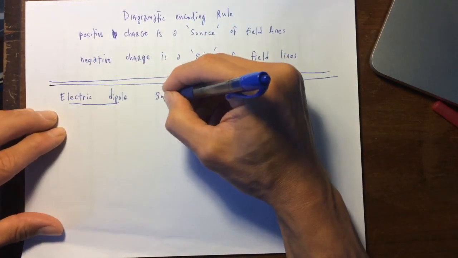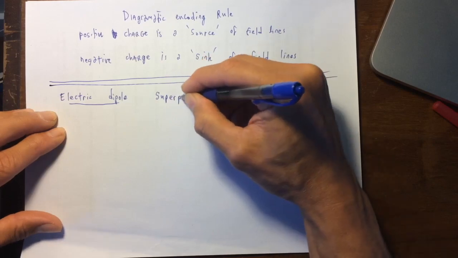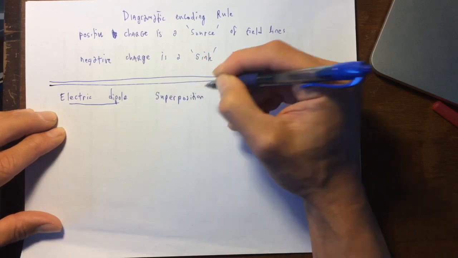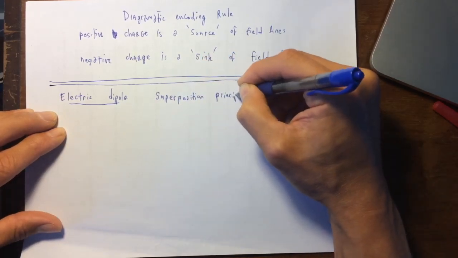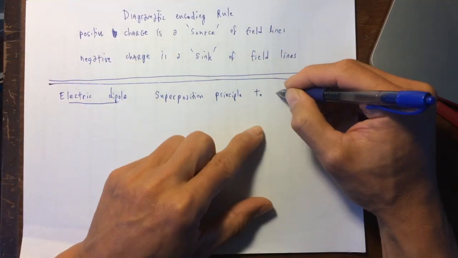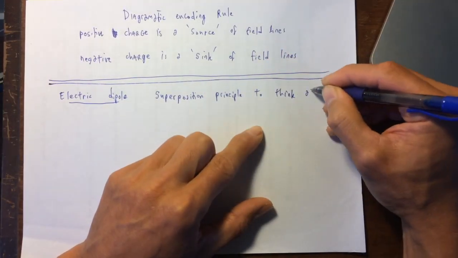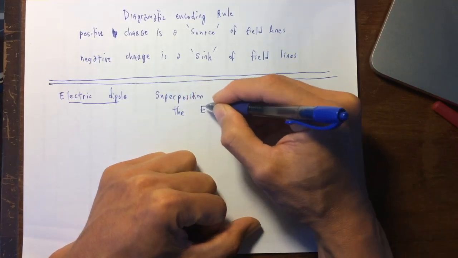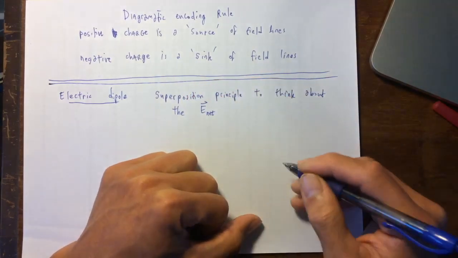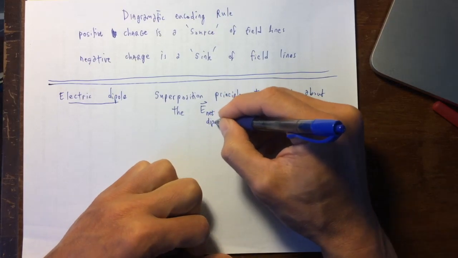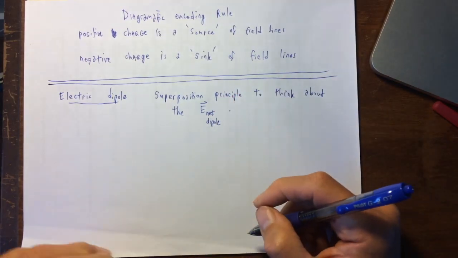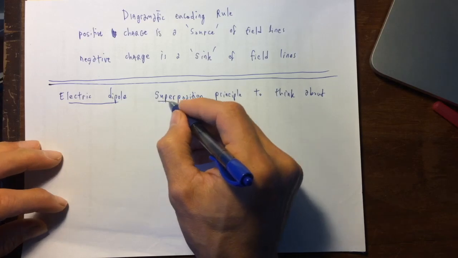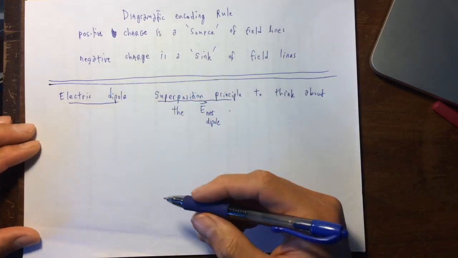And I'm going to ask you to reflect on using the superposition principle to think about the net electric field of the dipole. Right? So let's think in terms of the superposition principle for a minute.